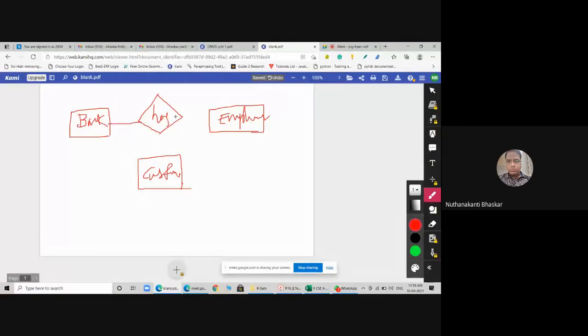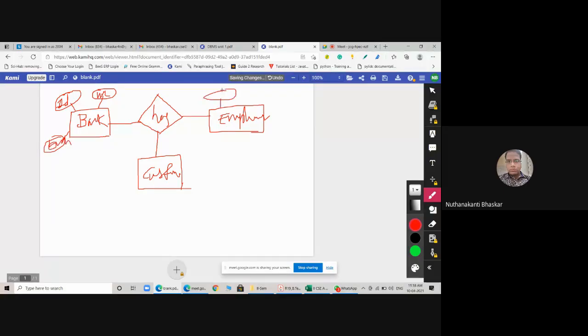Bank has employees, bank has customers. For every entity we need to write attributes. Maybe for the bank, some code is there, maybe I am calling ID, and the name of the bank and branch.